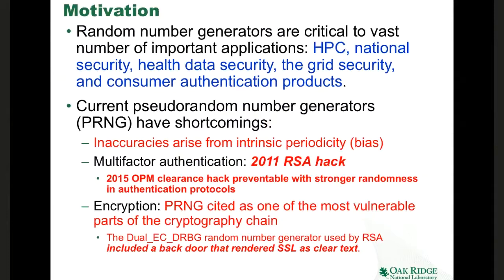I've done a little bit of work in that area and can tell you that in certain places on the grid there are some big security holes based on authentication. And we have lots of programs here at ORNL just focused on fixing those issues. So random numbers are important for that because they're important for multi-factor authentication.